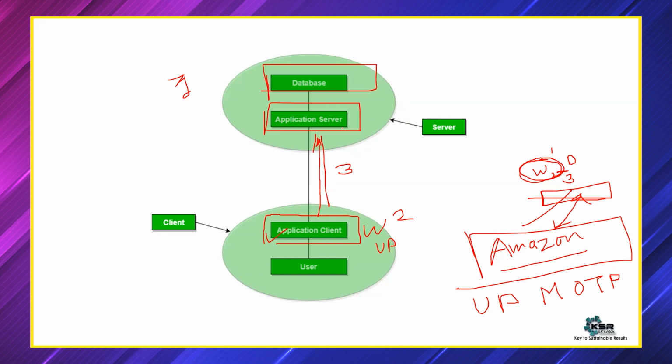This server authenticates that the user is valid, and once this user is valid, the information which is present in the database can be accessed. If the username and password is correct, information would be shared, and this information is again passed through the same channel. This comes to the website, and a user can see that specific information.